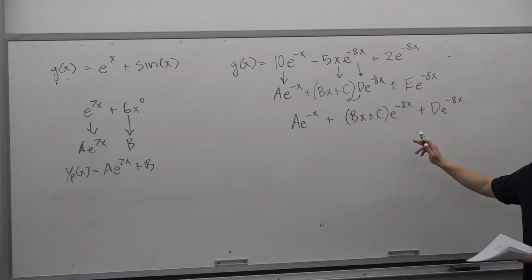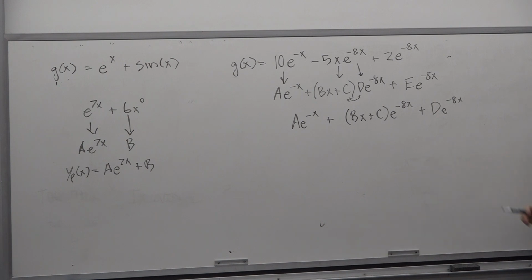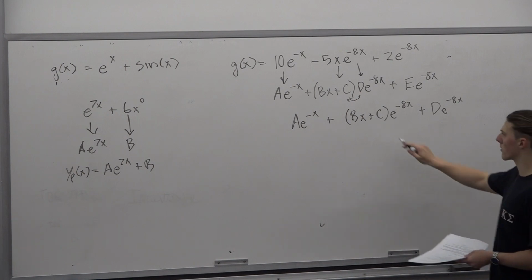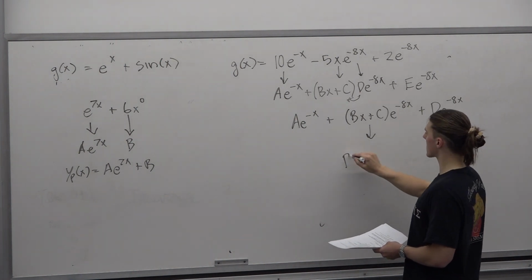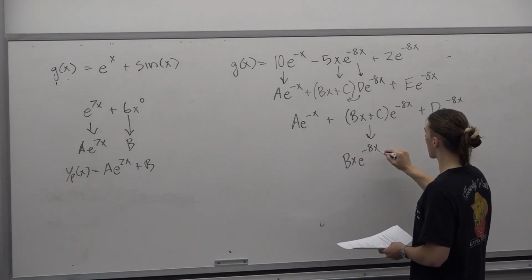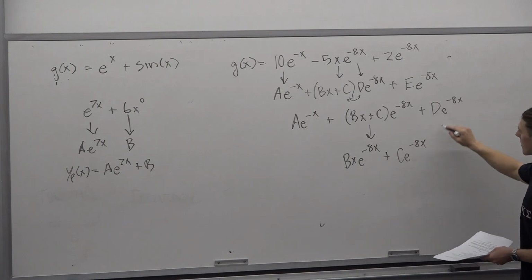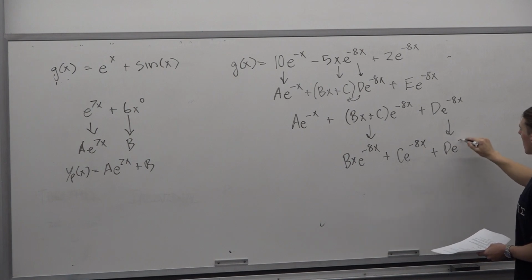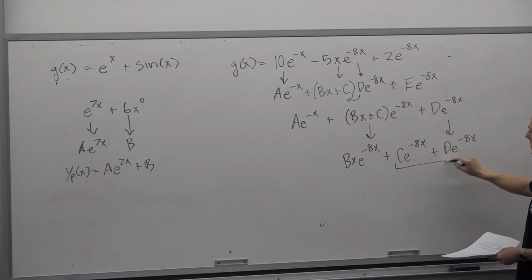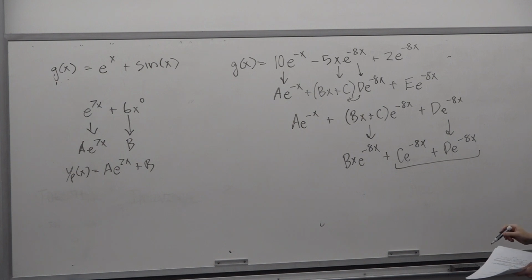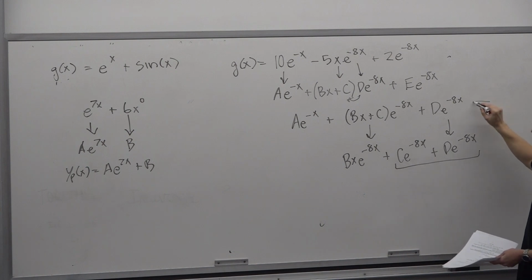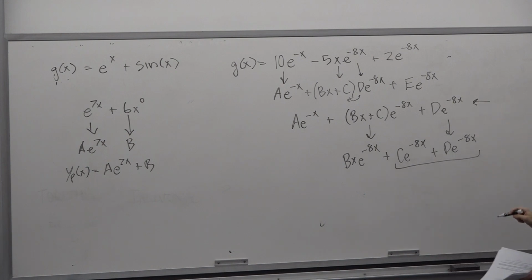But one thing to note here is that you have to be careful to make sure you're getting rid of all of your like terms. If we were to actually distribute this, we would have bx e to the negative 8x plus c e to the negative 8x. But if I bring this down as well, our other term can be added together. So instead of doing extra math with this term right here, we can just completely drop it.